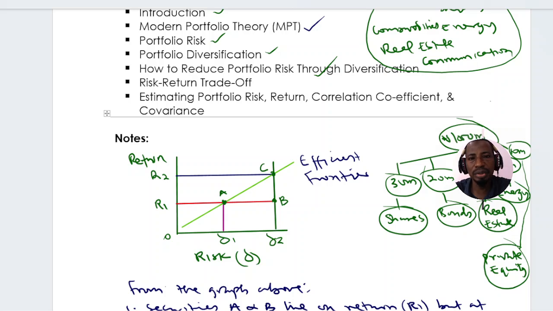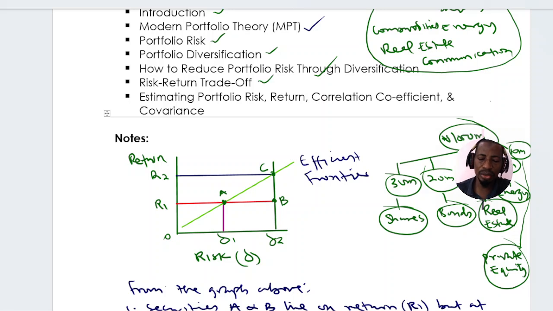It's not possible. In an efficient market, all relevant information is available. The market participants have access to the information, so nothing is hidden. So if you want to earn a higher return, you must be willing to accept a higher risk. So that is the risk return trade-off.